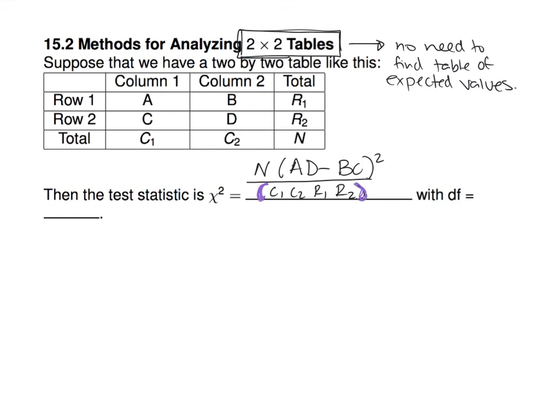It shouldn't matter in the numerator, but just be extra careful when you put them there and there. And the degrees of freedom here is 1 because we're working with a 2x2 table. A, B, C, D are the entries in your table. N is the total, which makes sense. C1, C2 are column 1 total, column 2 total, and R1, R2 are row 1 total, row 2 total.